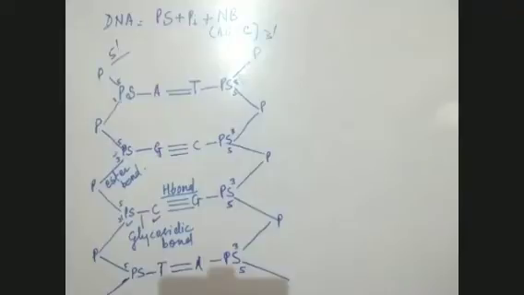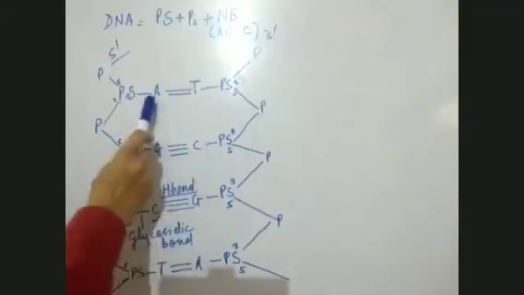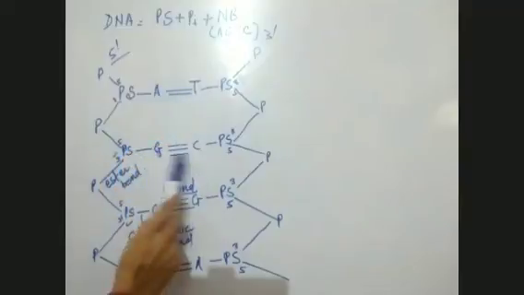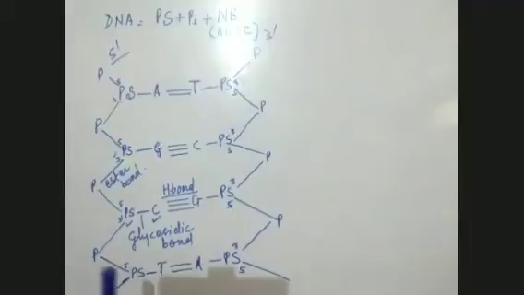There's nothing further. I just told you the bonds which are present. These are nitrogenous bases. The bonds which are present between the nitrogenous bases are hydrogen bonds. The bonds which are present between the nitrogenous bases and pentose sugar is glycosidic bond.